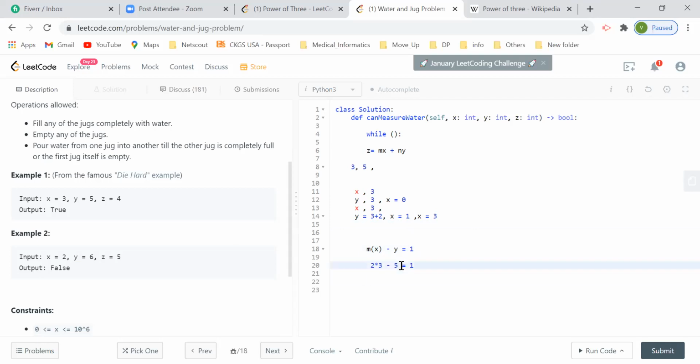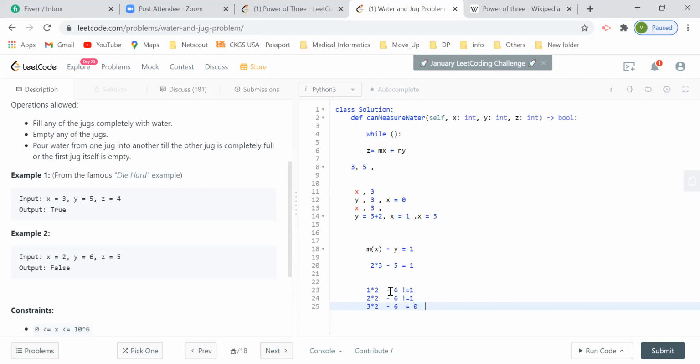So, but if you take here, right, 1 into 2, so if this one, example 2, 1 into 2 minus c is not equal to 1. 2 into 2 minus 6 is not equal to 1. So 3 into 2 minus 6 is not equal to 1, but it becomes 0, right?